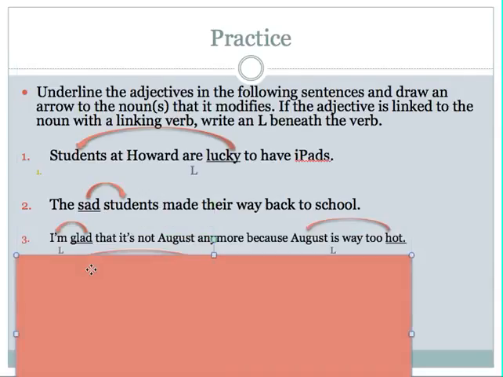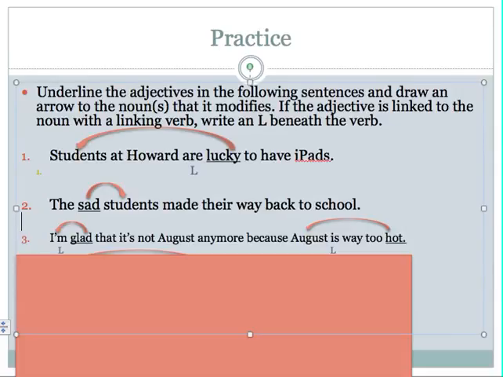And number 3, I'm glad that it's not August anymore because August is way too hot. So I see here that I've got glad, that is modifying me, and I see that glad is coming after the noun, and again that can only happen in English if there is a linking verb that comes between them, but I only have this apostrophe M. Now remember we talked about what that apostrophe might mean.